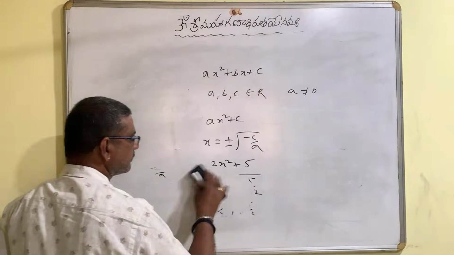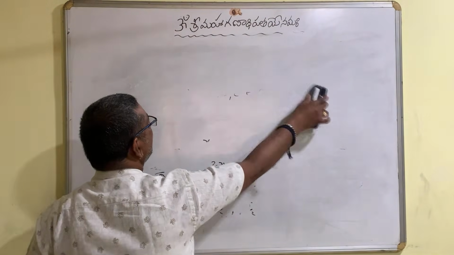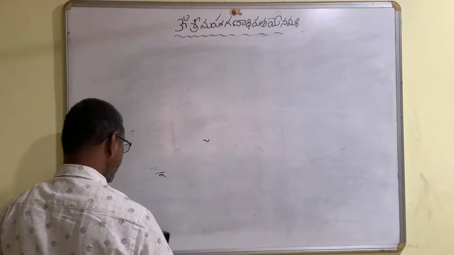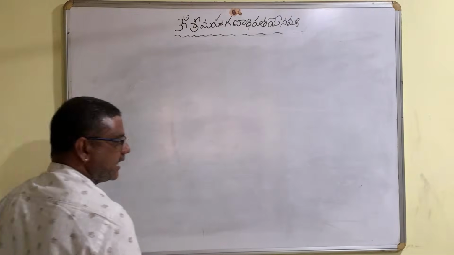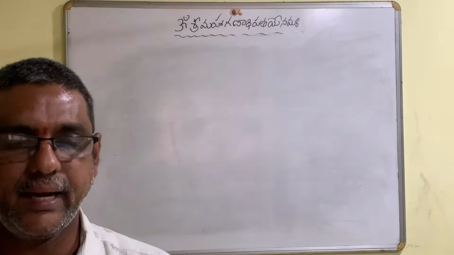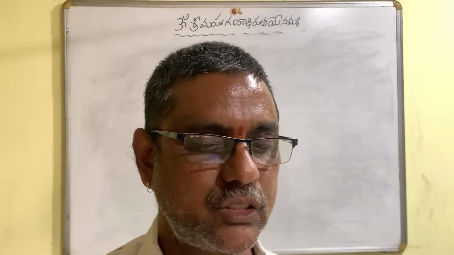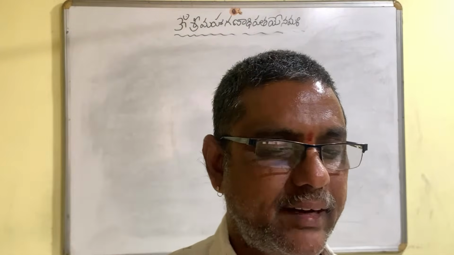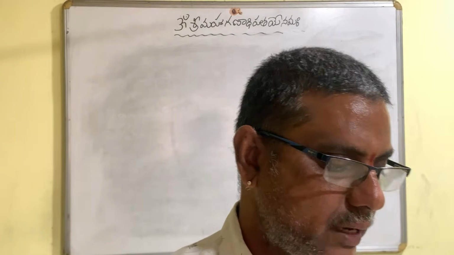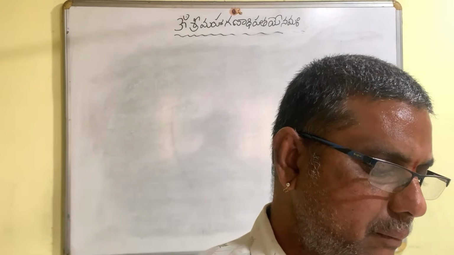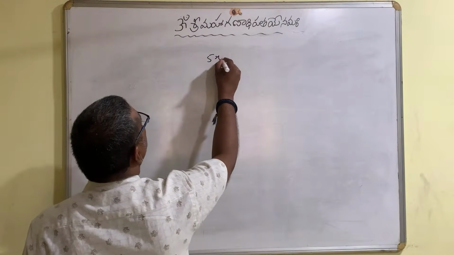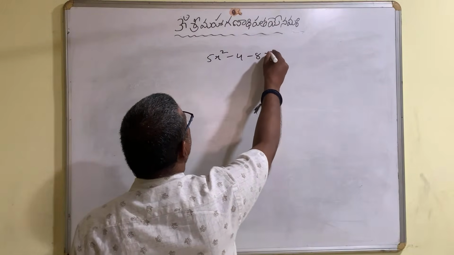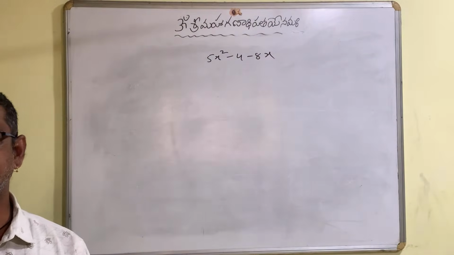Now there is an important model: finding the zeros and verifying the relation between zeros and coefficients. Consider one problem: 5x square minus 4 minus 8x.